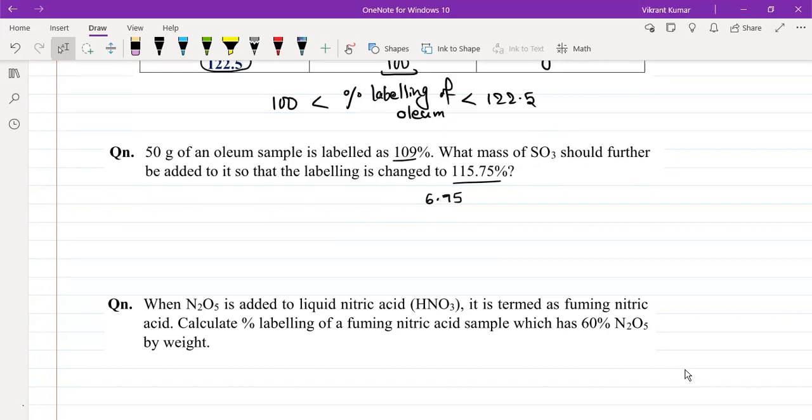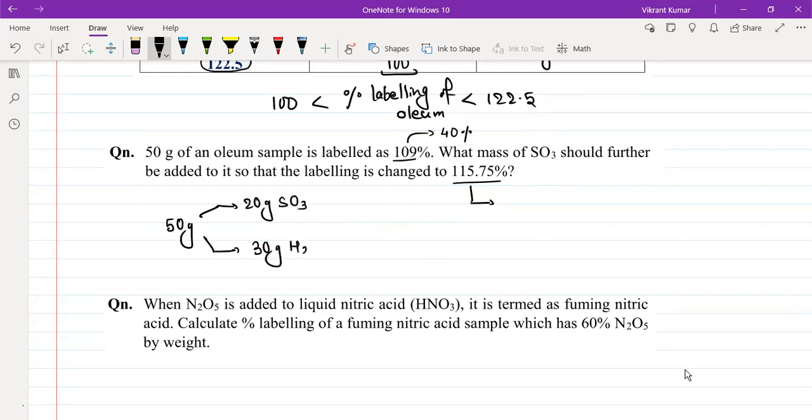Sonia, what's your method? पहले I calculated percentage by mass of SO3. How much have you got? So 40% यहाँ पे. So 40% of 50 grams is the grams of SO3. That is 20 gram SO3. है ना? And then I calculated percentage of SO3 in 115.75%.